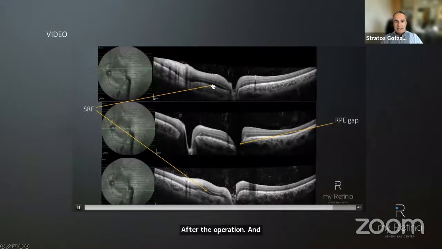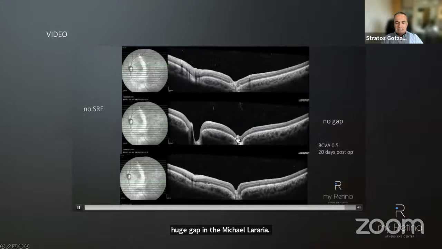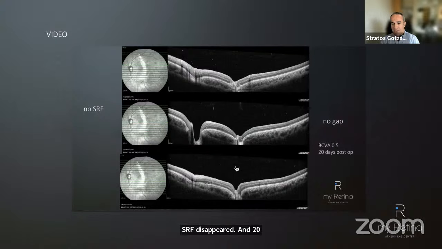And you see the subretinal fluid before the operation in the OCTs, how they appear, and the huge gap in the macular area, the breakage of the RPE, and this is after the operation. The RPE came closed, the hole was closed, SRF disappeared, and 20 days after the operation, the vision improved to 0.5, an amazing improvement of the vision.